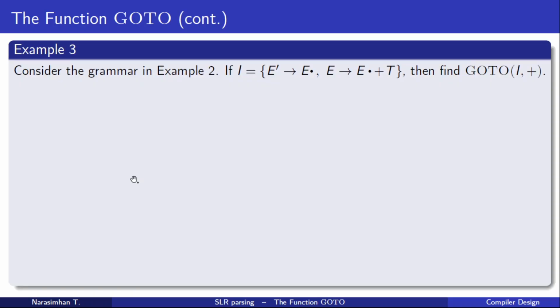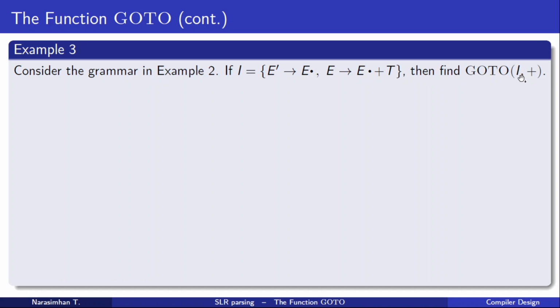So let us take an example. You are given the item set I equal to E dash gives E dot and E gives E dot plus T. You are given two items in the item set. You want to find goTo I comma plus. You first form the temporary set, then you take the closure of the temporary set.